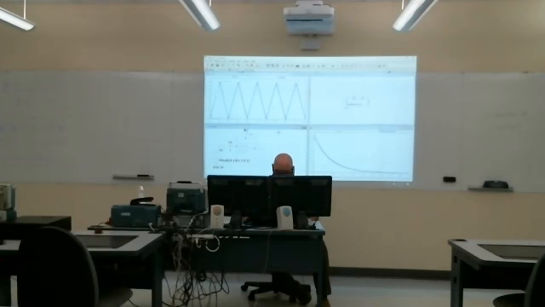So probably the easiest way to do that is just put in 2 voltage sources.